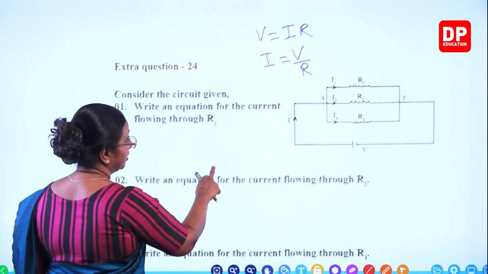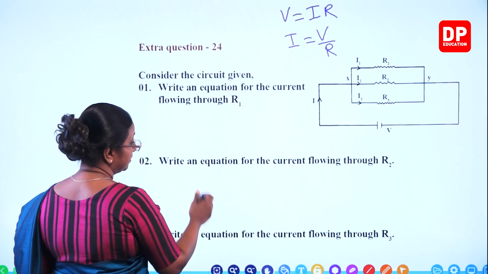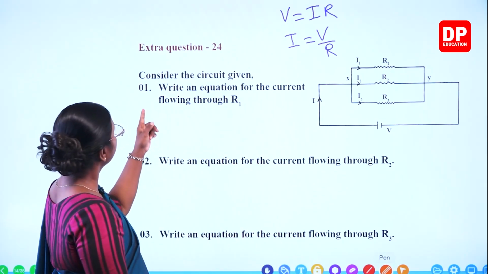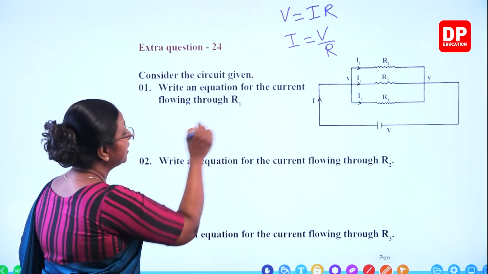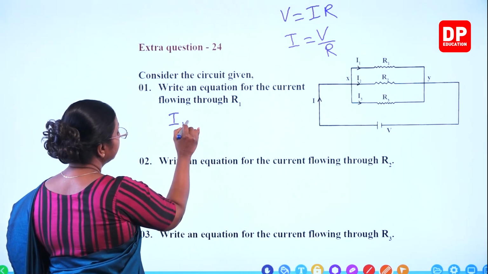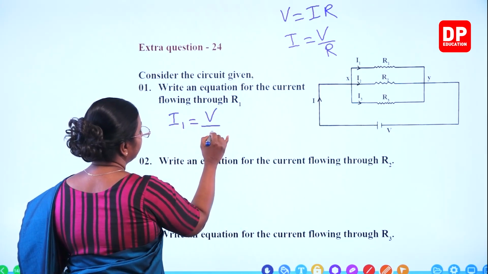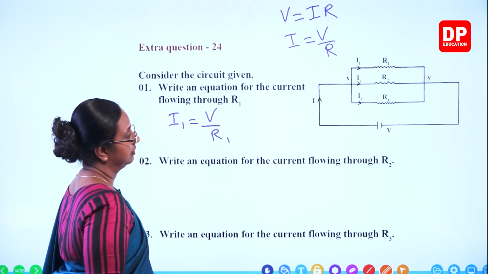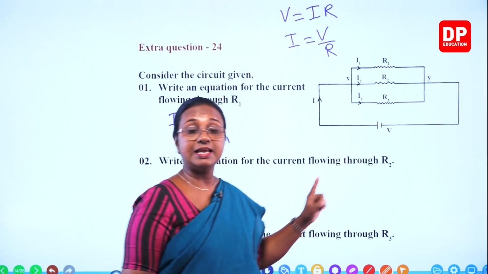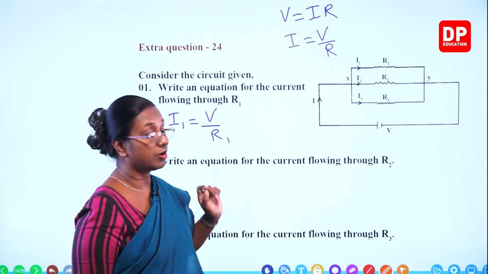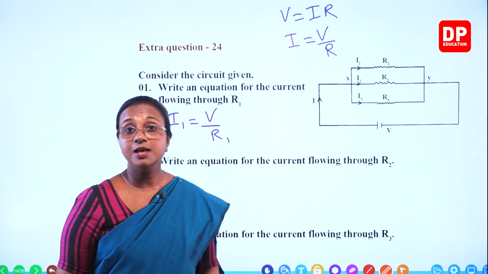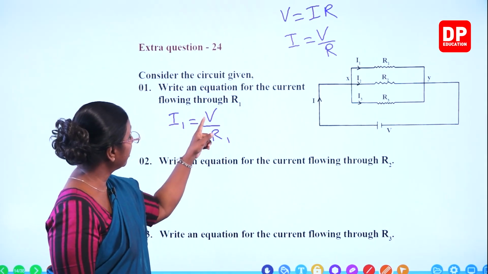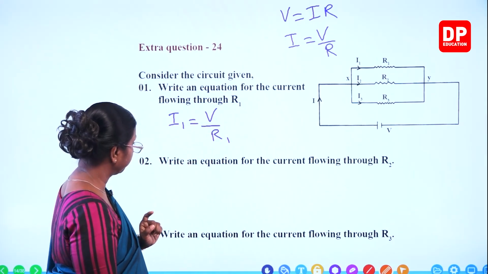So, to answer the first question, write an equation for the current flowing through R1. That is going to be I1, equal to V over R1. Potential difference, like I said, is the same value across all the resistors, that is between point X and point Y. So, I1 is equal to V over R1.